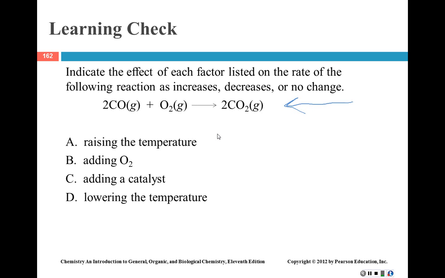Raising the temperature, increase. Adding oxygen, is oxygen a reactant? It is, so that would increase. Adding a catalyst is going to decrease the activation energy, so that will increase. And what about lowering the temperature? The opposite of raising the temperature, it will lower the reaction rate. Very good.